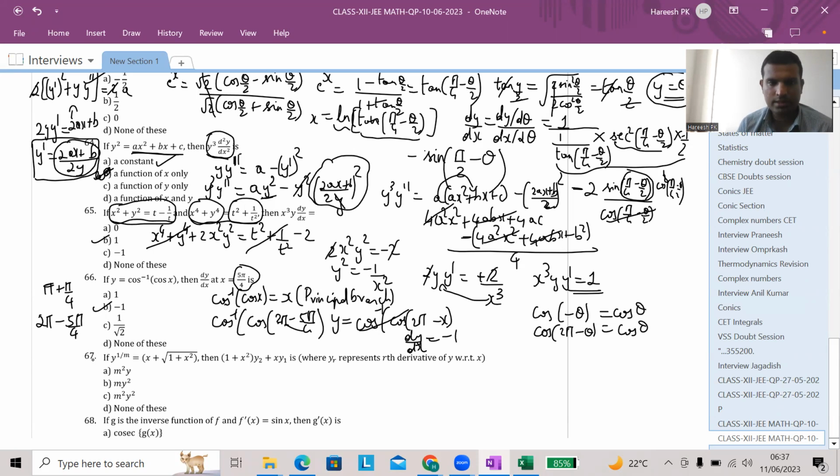Now moving on to the 67th one. So this is on successive differentiation. Obviously, when you see a power 1 by m on the LHS, the first step is raise both terms to the power m. So when I raise both to power m, I'll end up getting y is equal to x plus root 1 plus x square whole power m.